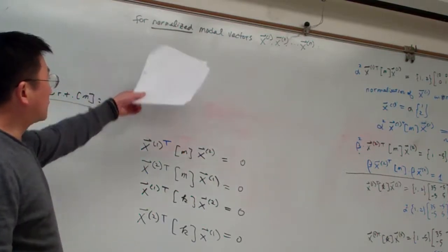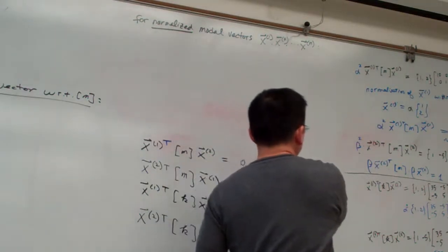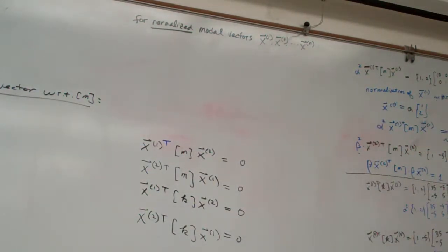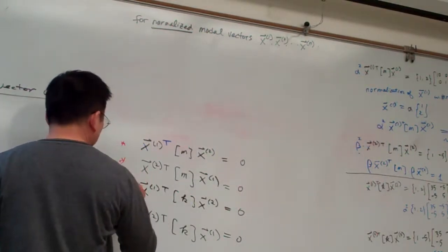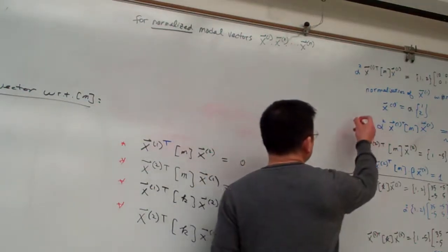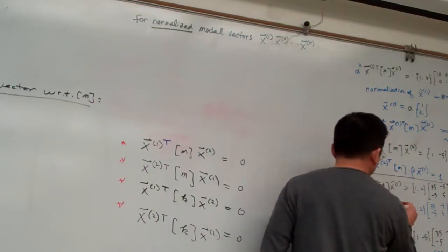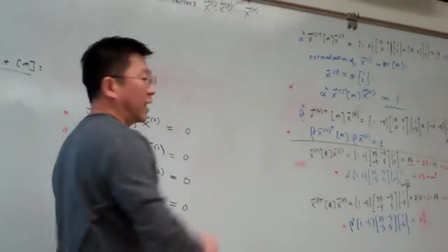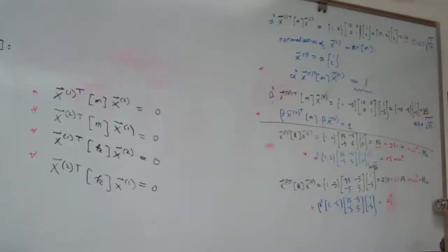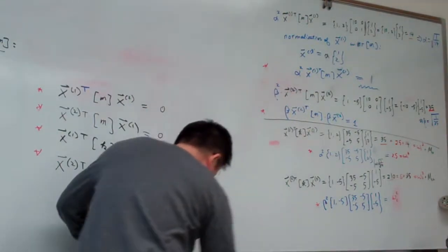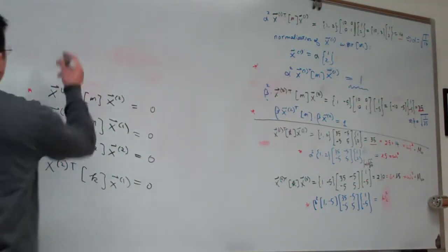So for any normalized vectors, I want to summarize the whole calculation. I'm going to use these notations. I'm going to summarize the 8 pieces of the calculation into very concise expressions in terms of matrices. Look at this carefully.